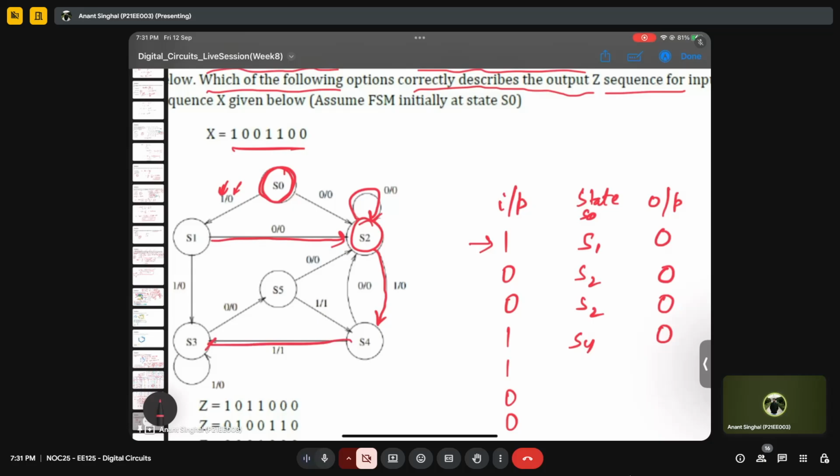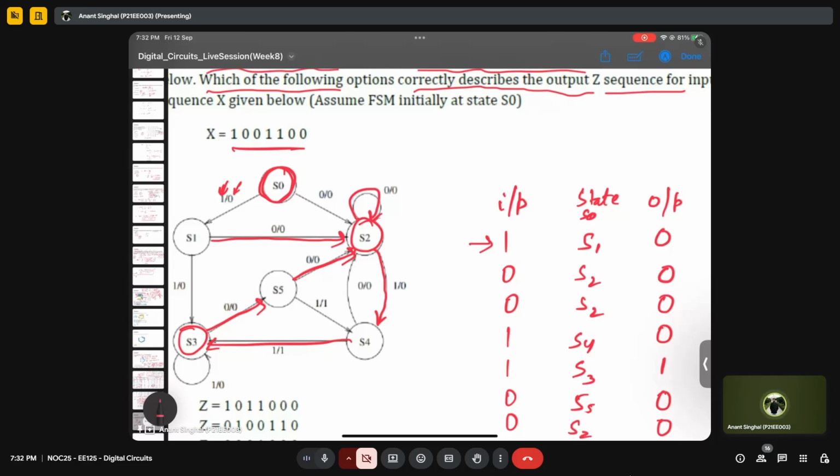So it goes to S3, the output is 1. So now it is at S3, the input is 0, which means this line, it goes to S5, the output is 0. Then it is again 0, so which means this line. So output is 0 and it goes to S2.